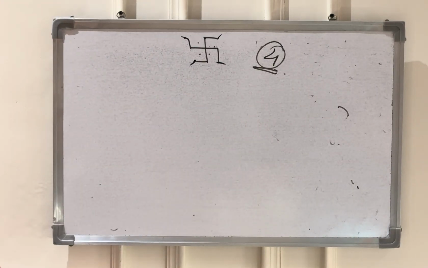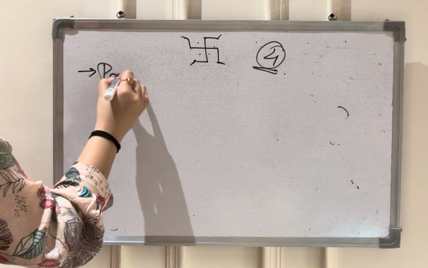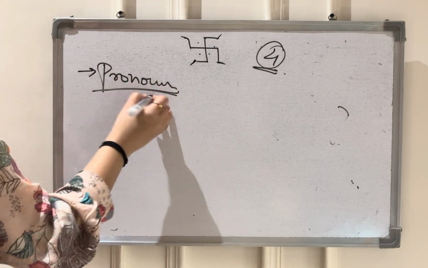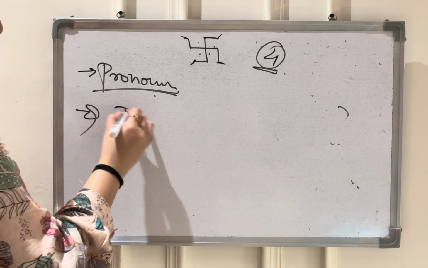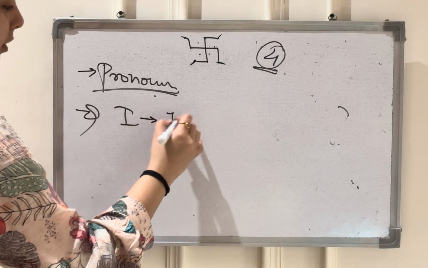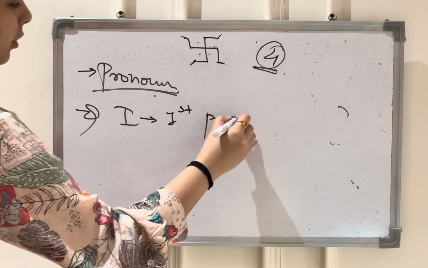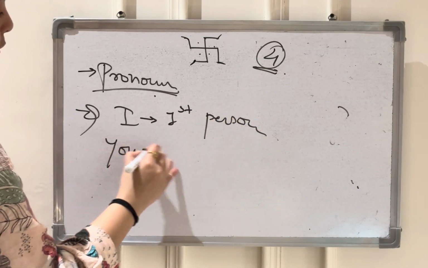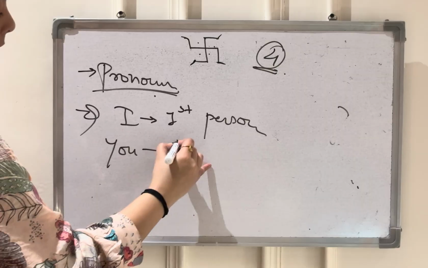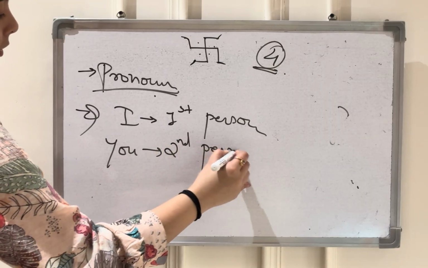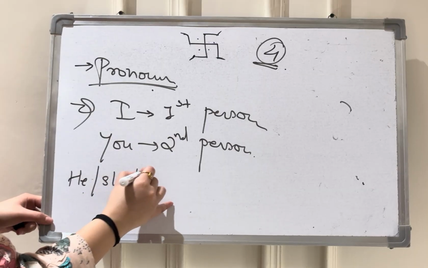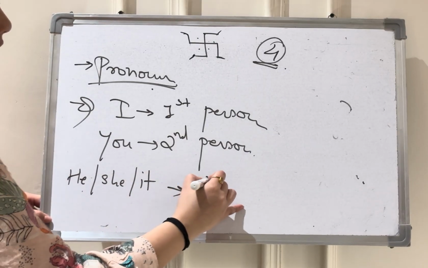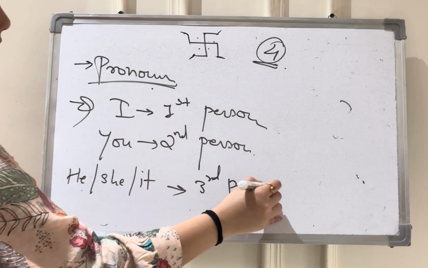Subject consists of two things, as I told you. The second one was pronouns. What are pronouns? I, which is the first person. You, which is my second person. The third person is, we all are talking about Sheila auntie, so that is the third person.